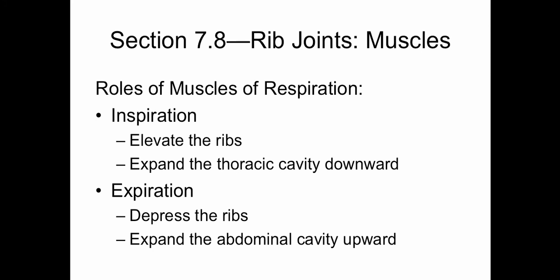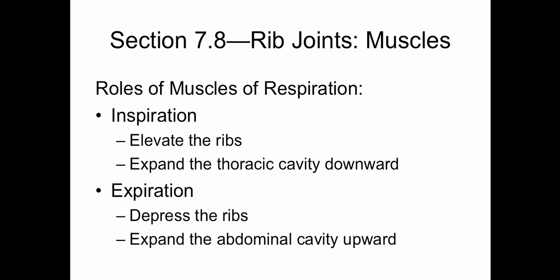During the process of inspiration, the volume of the thoracic cavity increases. Muscles that elevate the ribs are generally categorized as muscles of inspiration because elevating the ribs causes the thoracic cavity to expand outward. The thoracic cavity can also expand downward into the abdominal cavity, so the diaphragm, which drops down against the abdominal cavity, is considered a muscle of inspiration.